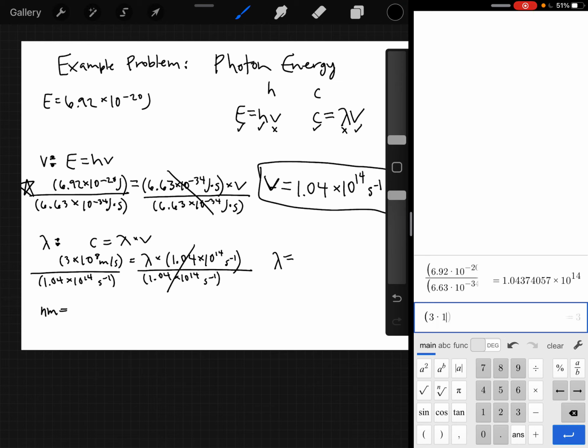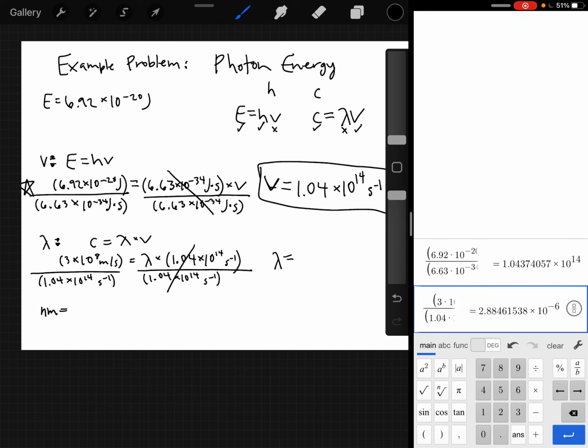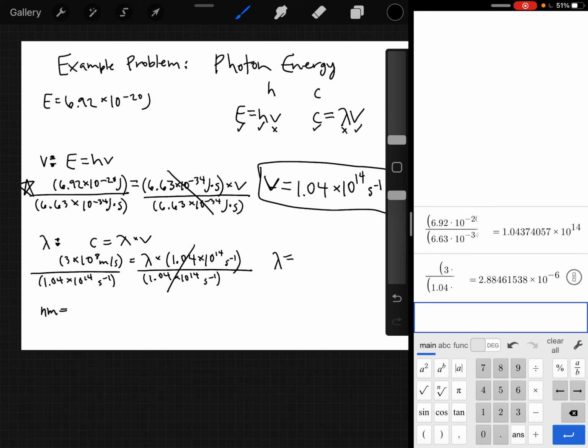So parentheses 3 times 10 to the 8th, close parentheses, divided by open parentheses 1.04 times 10 to the 14th, close parentheses, and click equals. And I get the number 2.88 times 10 to the negative 6th.